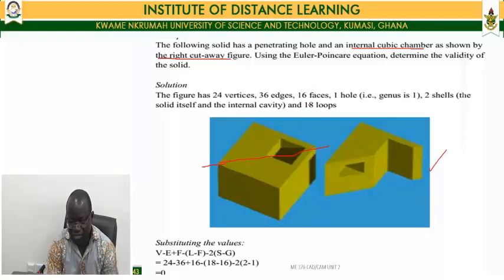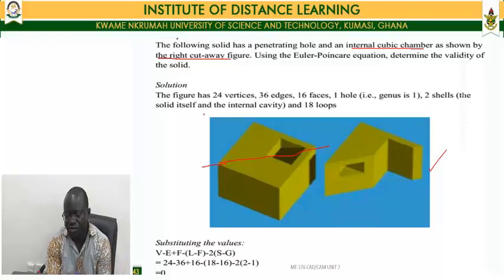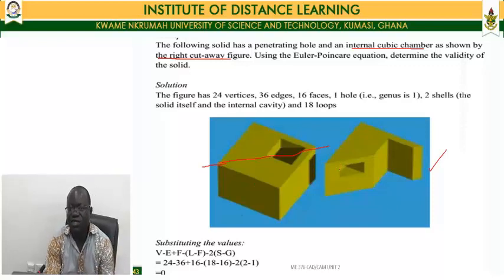Then the interesting thing here is that the shell is not 1. Now the shell is 2. 1 is the outer skin, and then the second one is revealed from the cutout, which is displaying an internal cubic chamber, which is an internal void which can only be displayed through a section. So that gives us a number of shells as 2.